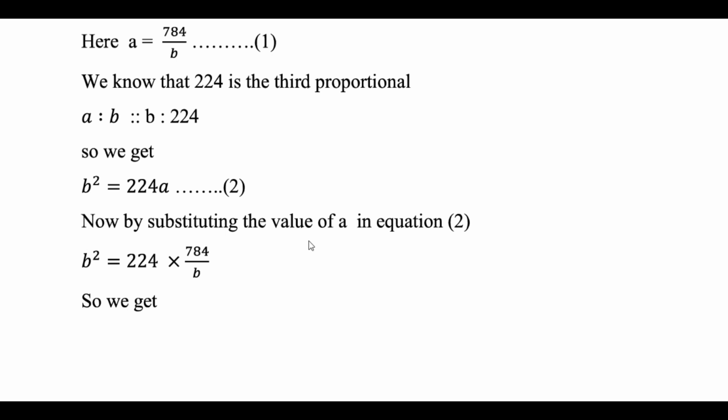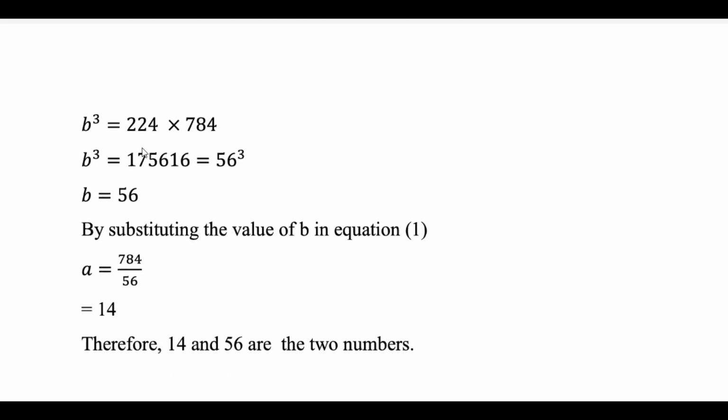Now substituting the value of A from equation 1, that is A is equal to 784 by B, into equation 2, you will get B square is equal to 224 into 784 by B. So we get B cube is equal to 224 into 784. After one step of calculation, you will get B equal to 56.